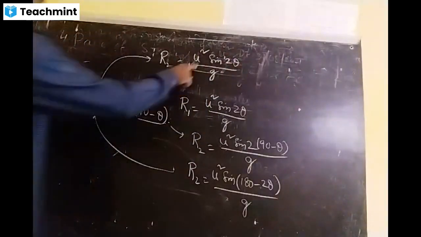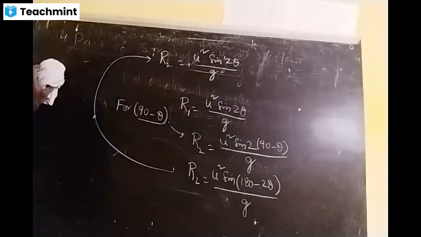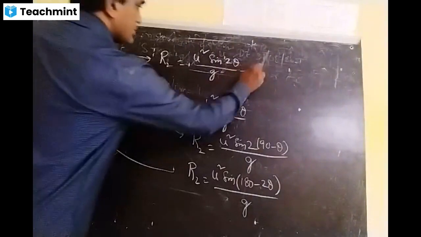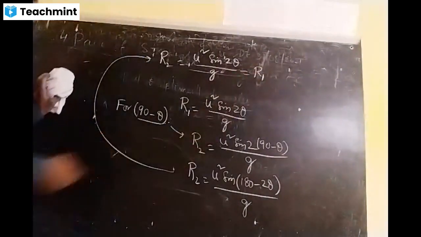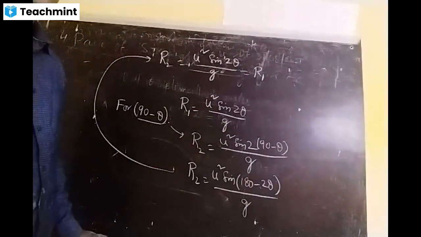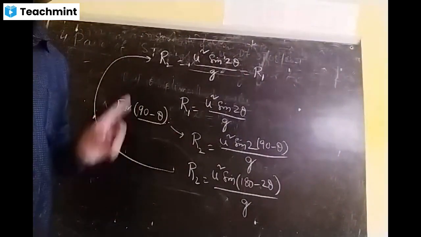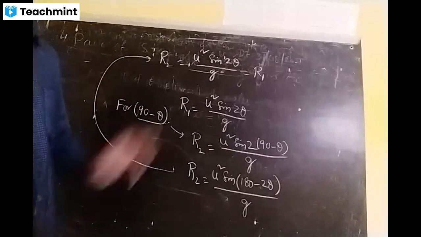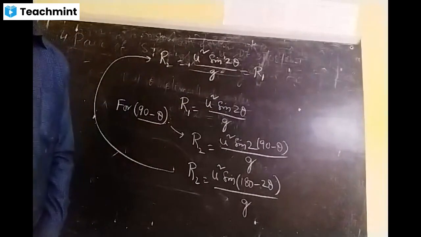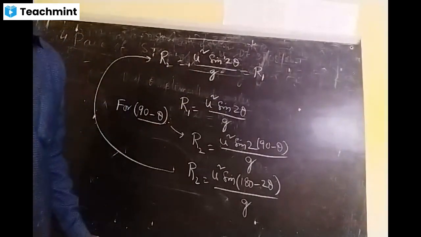This u square sine 2 theta by G is equal to R1. That means for complementary angles theta and 90 minus theta, if I project both particles with the same initial velocity, then their ranges are the same. R1 is equal to R2.